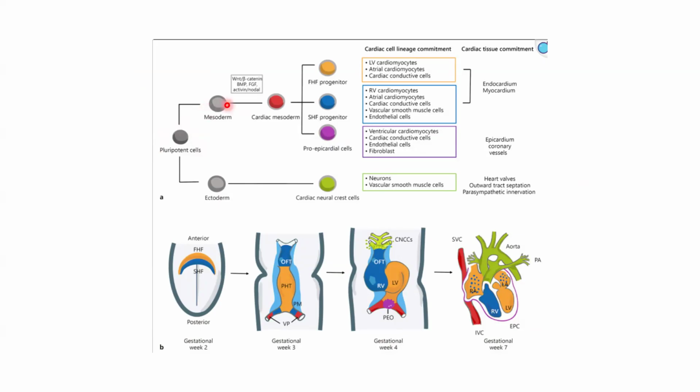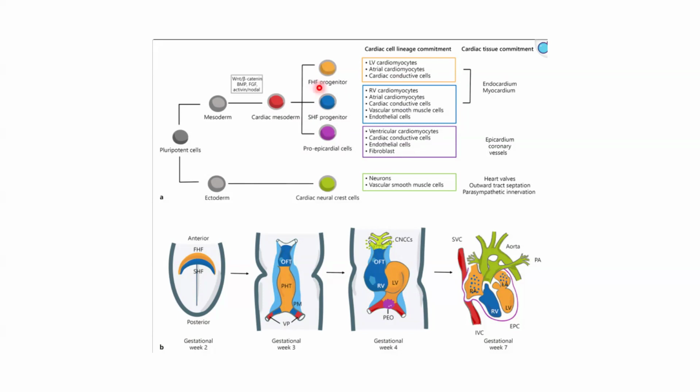And these mesoderms are programmed to form the cardiac mesoderm. And the cardiac mesoderm is programmed to form three important structures: the first heart field, the secondary heart fields, and the epicardial cells. And these cells develop into specific aspects of the final heart that we have.